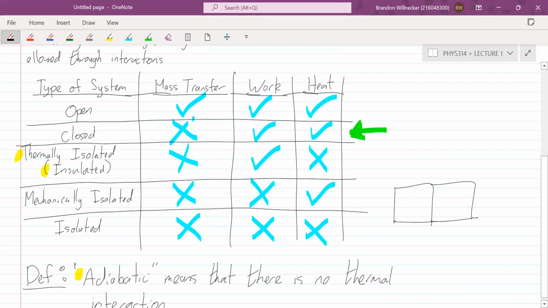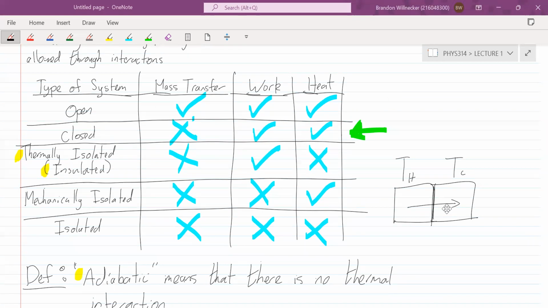For example, if you just have one box and another box, if this has some temperature T hot and this has some temperature T cold, depending on this boundary here, we can allow heat to flow through. So no work is being done, nothing's being pushed or pulled, however, heat is still being transferred. So in this case, we call it mechanically isolated.